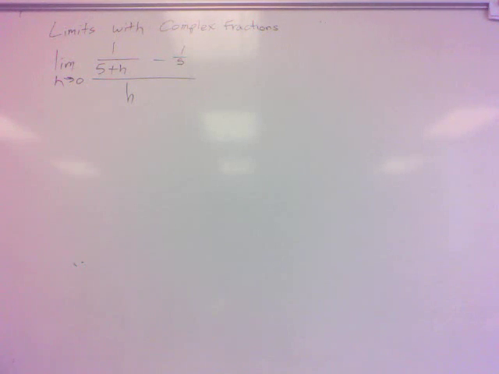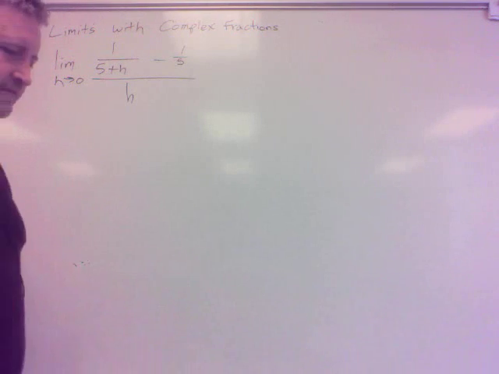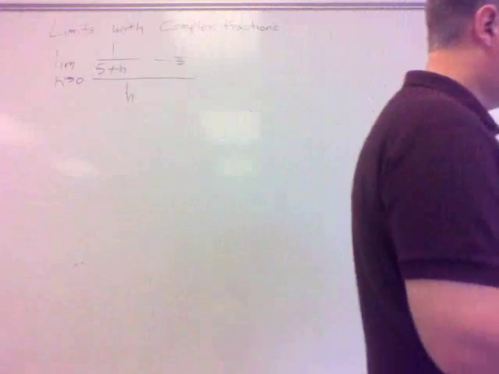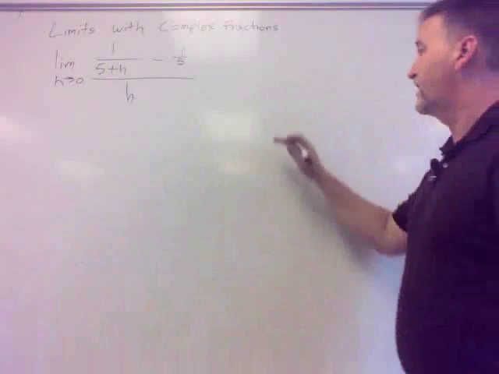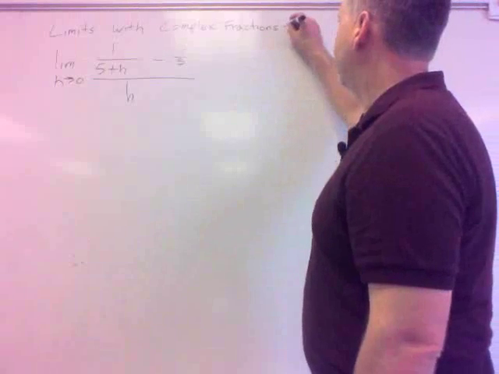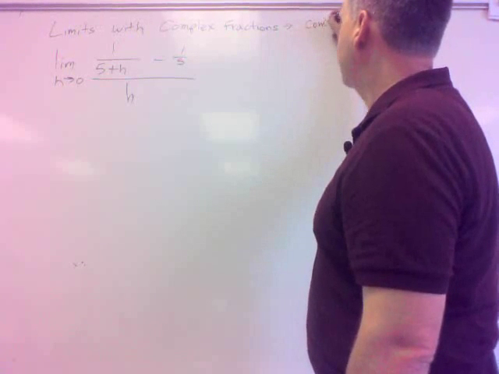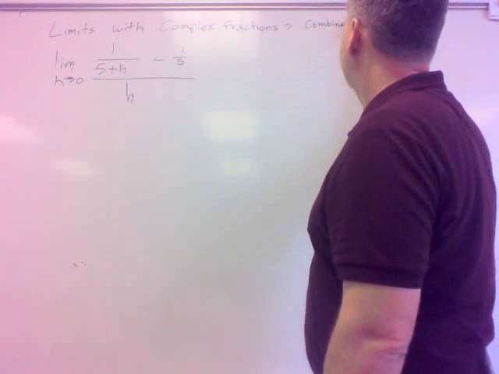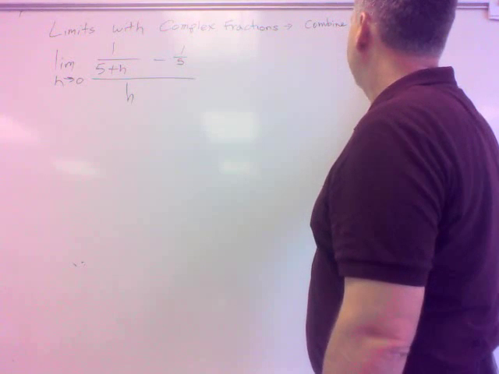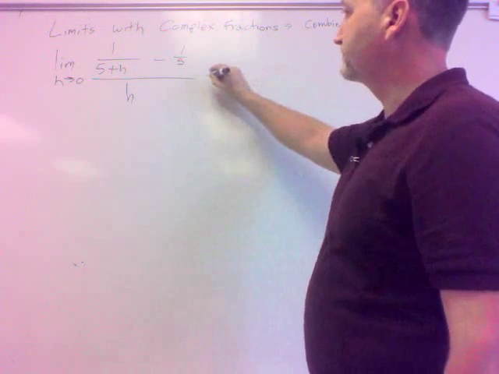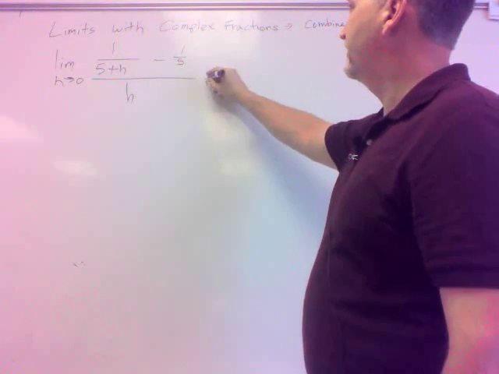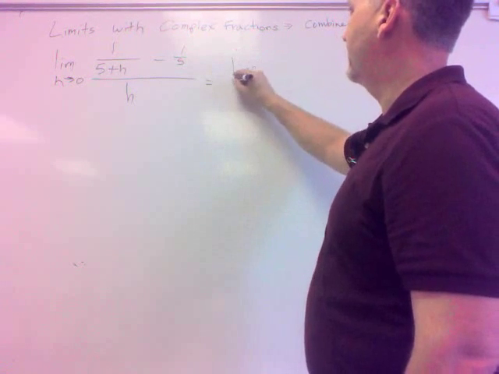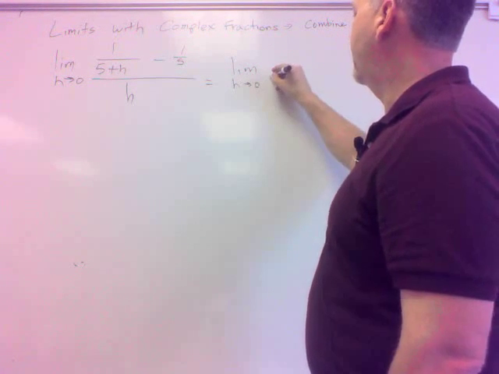What do we do there? Well, one way of doing this, there are others, but one way of doing this is, combine fractions. Combine the top fractions here. If I combine my top there, I need a common denominator.